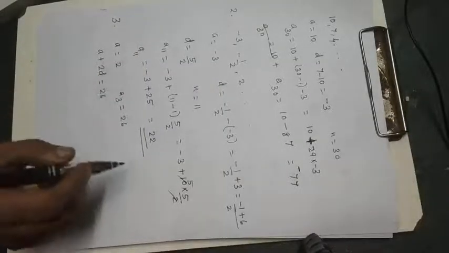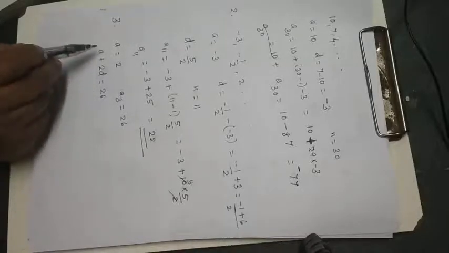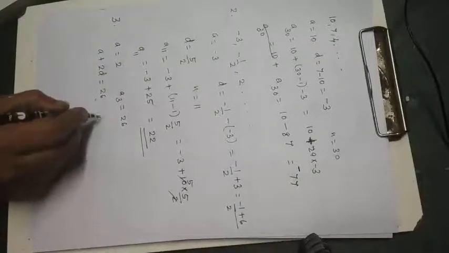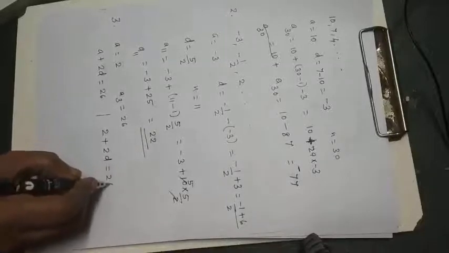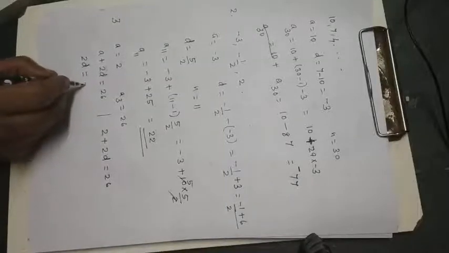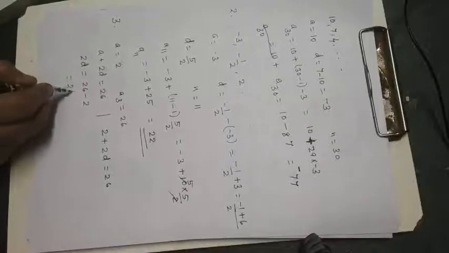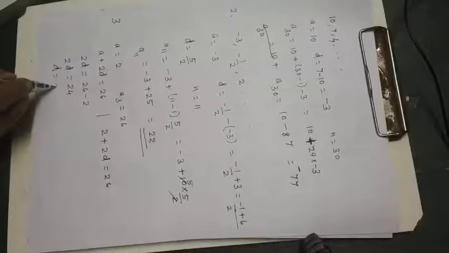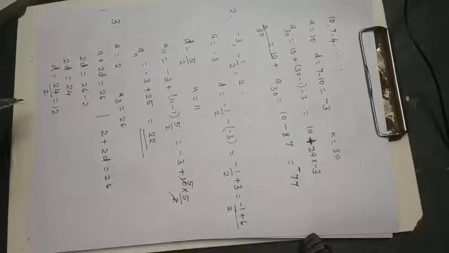Okay, we don't know D, so A is equal to 2 we know, so put that value. 2 plus 2D is equal to 26, or 2D will be equal to 26 minus 2, that is equal to 24. So 2D equal to 24, or D is equal to 24 divided by 2, that is equal to 12.